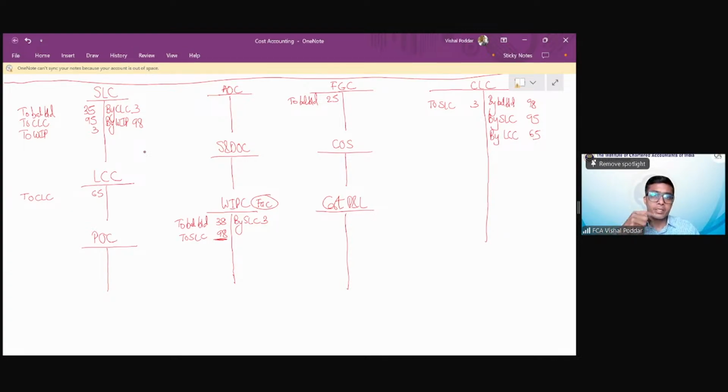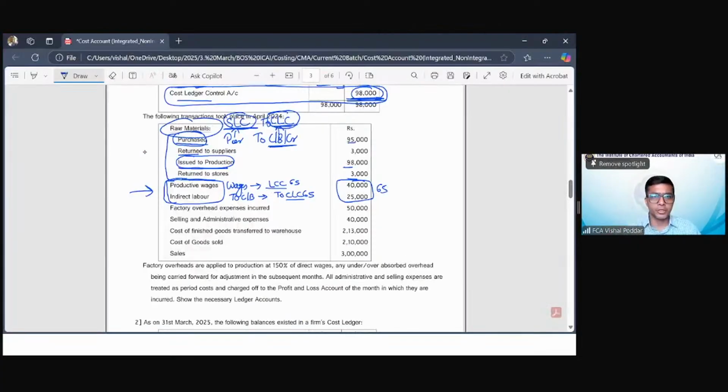But the second transaction is never given separately. That is for charging this wages. This you have to do by yourself. So with this same single transaction, first I will pass the entry for paying wages. Now I have to pass the entry for charging these wages. Now, what is the entry? Direct wages, productive wages, manufacturing wages, factory wages.